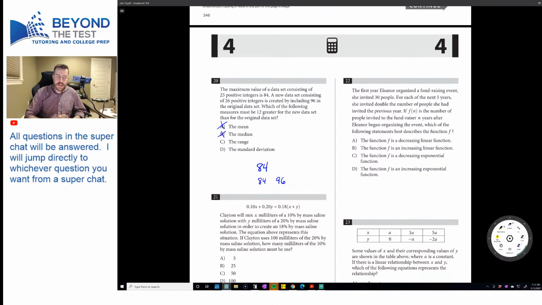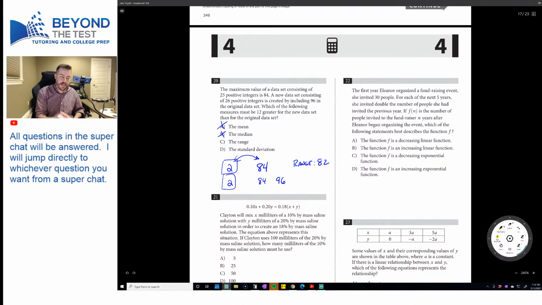Okay, the range. Would the range increase by 12? Well, let's think about that. Imagine for this set, the lowest number was 2 originally. Now you can make it any number you want, and again, I'm just making this number up. The range from 2 to 84 would have been 82 initially.